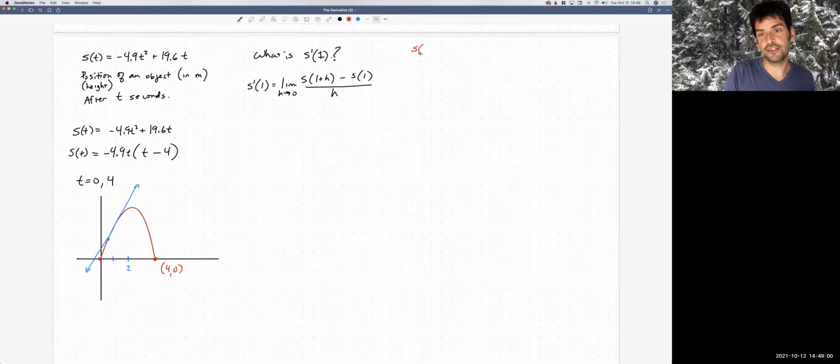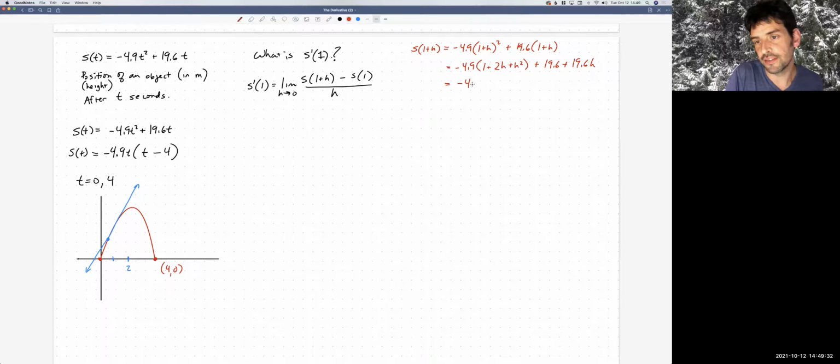I'm going to compute S of 1 plus h. It's going to be negative 4.9 times 1 plus h squared plus 19.6 times 1 plus h, which will be negative 4.9. We'll get 1, whoops, not plus yet. We'll get 1 plus 2h plus h squared, plus 19.6 plus 19.6h.